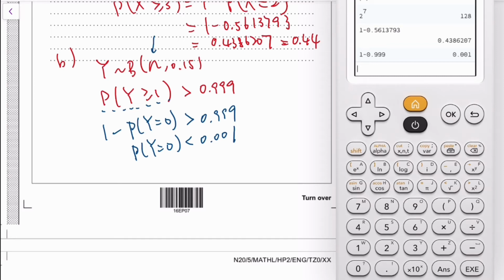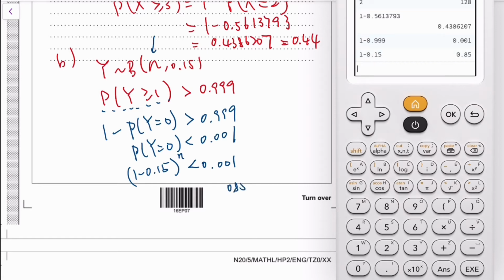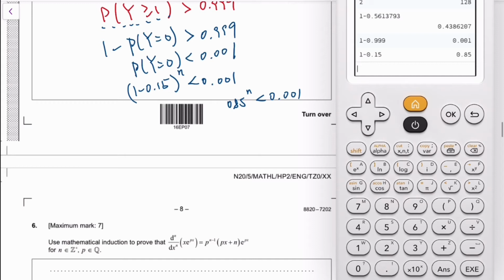But what is the probability that y is 0? It means of all the trials, they are all failure. You have no success. So it's basically the probability of failure raised to the power of n. 1 minus 0.15, so you want 0.85 to the power of n to be less than 0.001. At this moment, you can draw a graph to find an intersection.